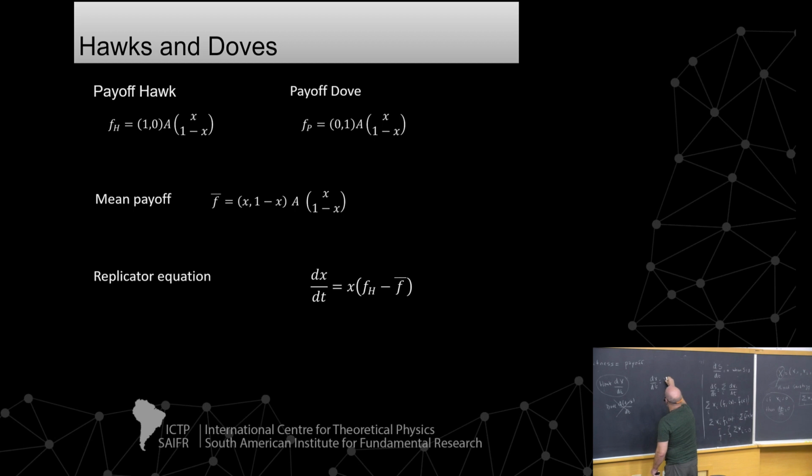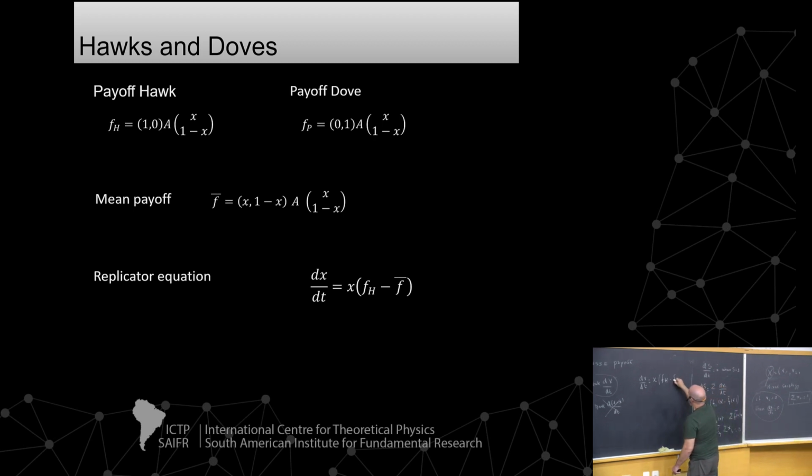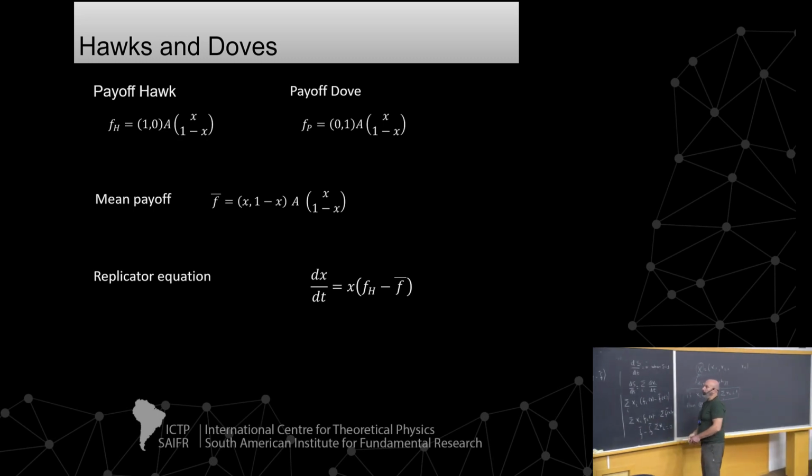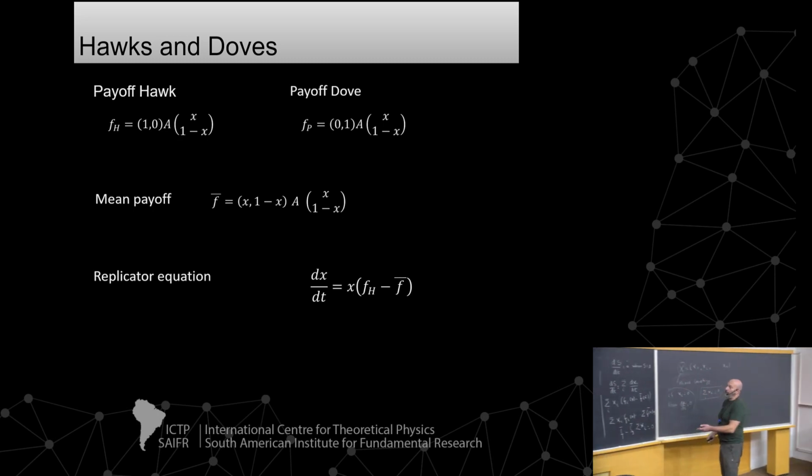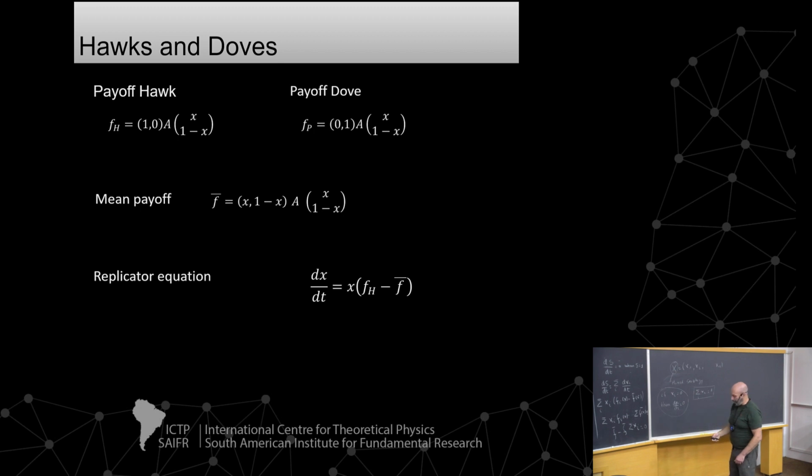The equation is equal to x times the payoff of the hawk minus the mean payoff. This is the replicator equation for the hawk, for the fraction of hawks in a given population.